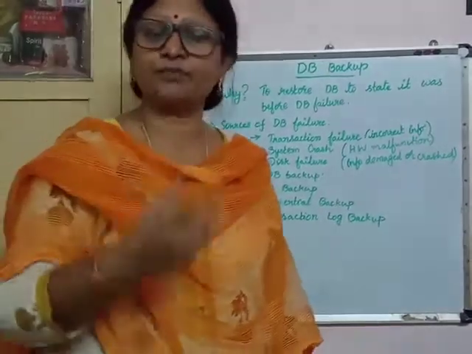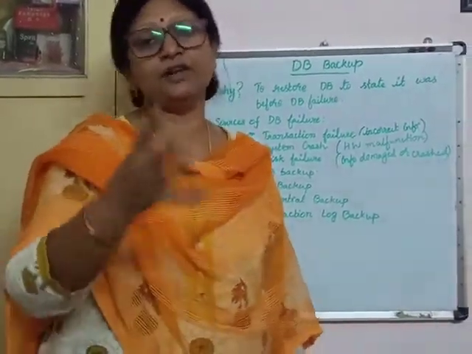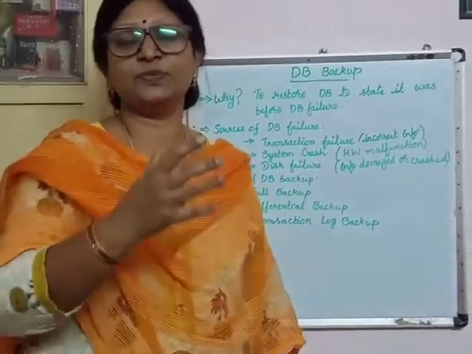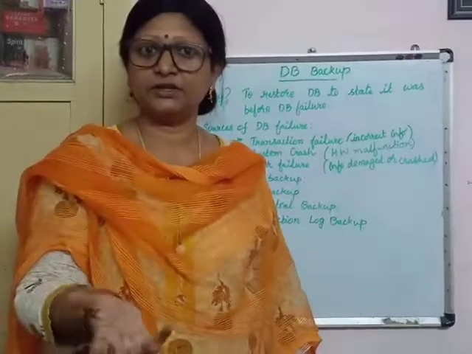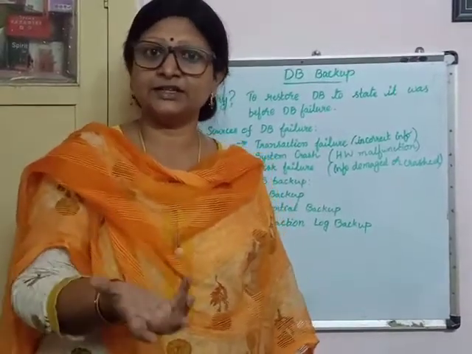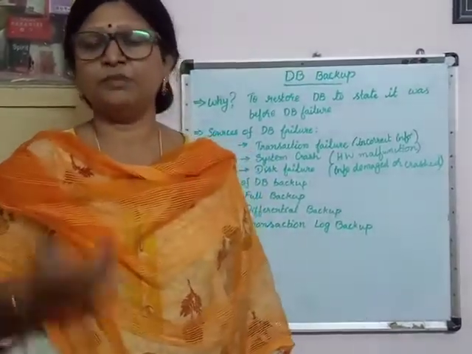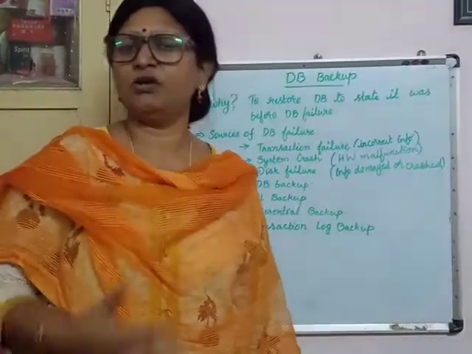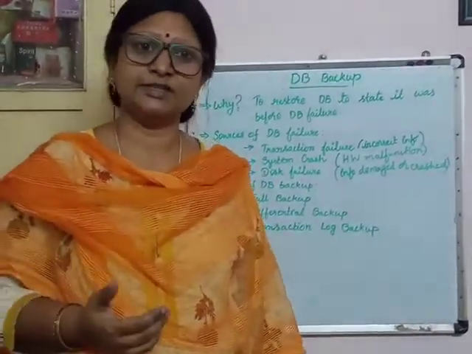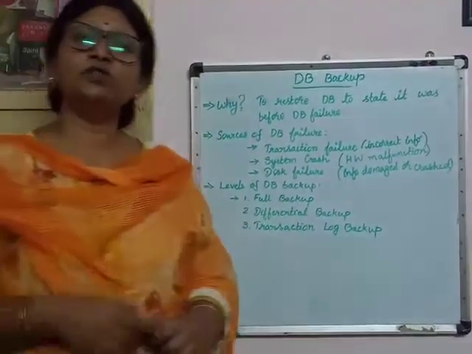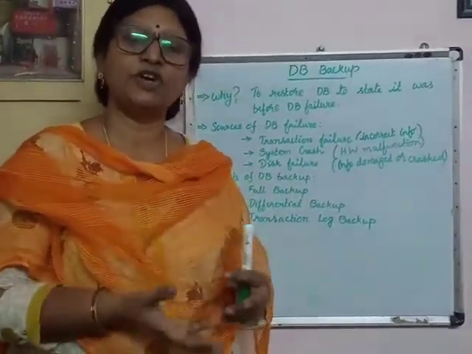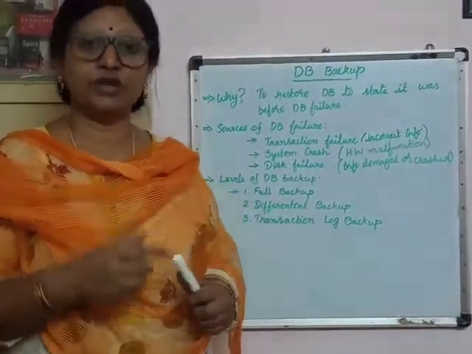So if there is a problem with the reader, the data will not be able to display on the application. The disk also might sometimes be corrupt. The tracks and the sectors inside the disk can be corrupted, maybe because of wearing out or any other reasons. So all these three reasons are the sources through which we can get a database failure.